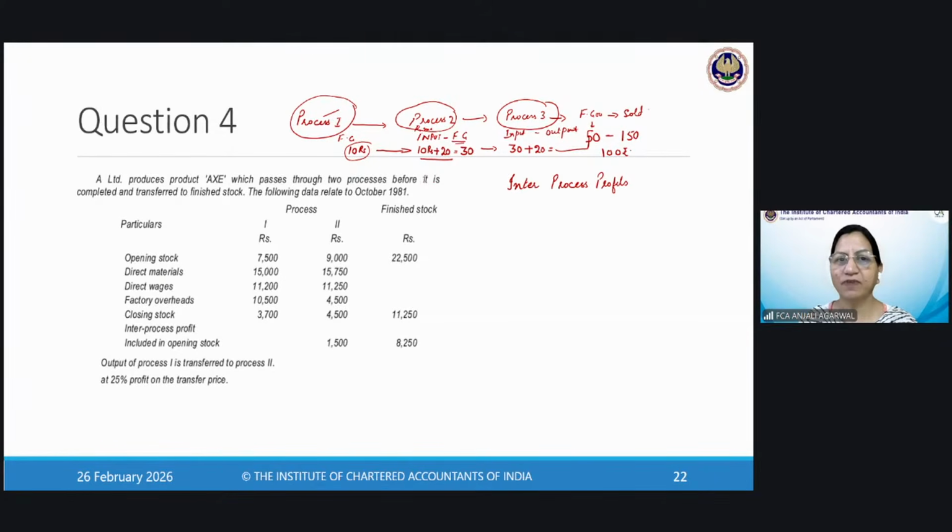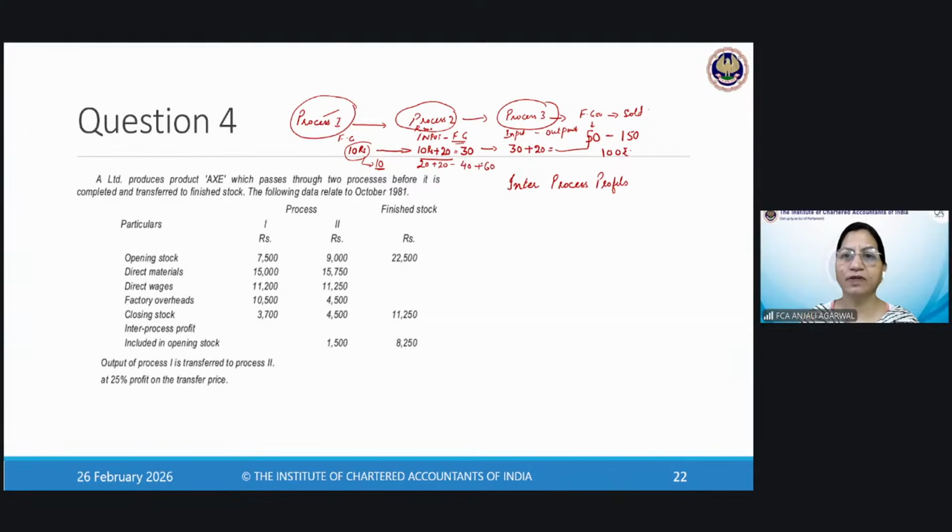So we give them the freedom that process 1 can charge some profit and then transfer the units to process 2. So supposing process 1, instead of 10 rupees, charges another 100% profit on this. So it will not give the goods for 10 rupees, it will give them for 20 rupees. So 20 plus 20, then that becomes 40. Let's say process 2 charges 60 rupees of profit.